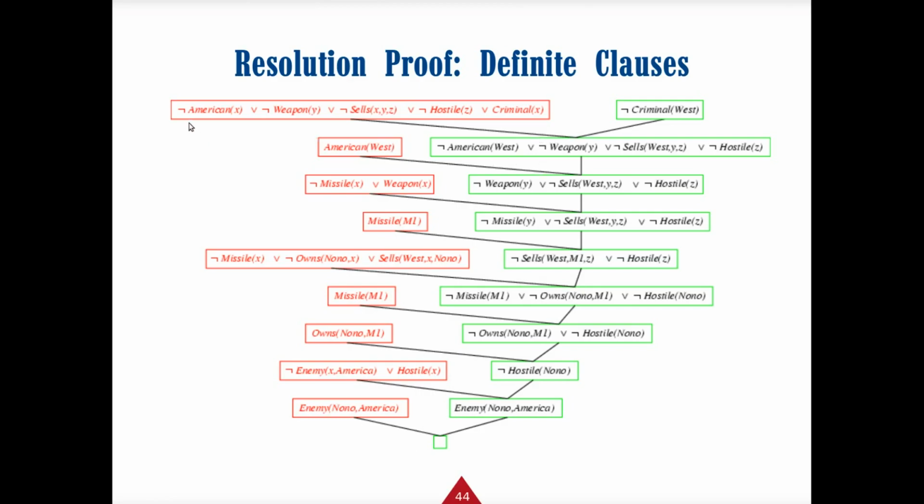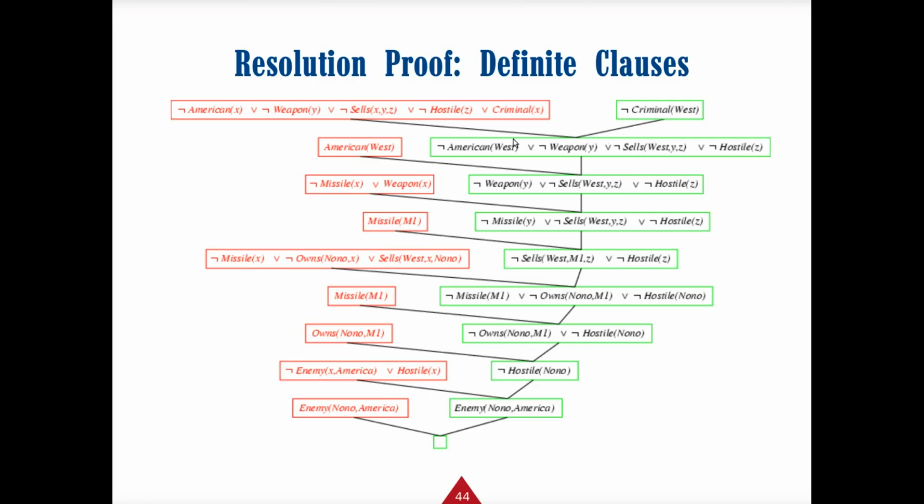So we have these propositions here. If you're not an American, or you're not selling weapons, or something's not a weapon, or you're not selling it, or something's not hostile, or not something that's criminal. And we're basically starting off with West is not a criminal. So we're basically starting with the subject of guilt.